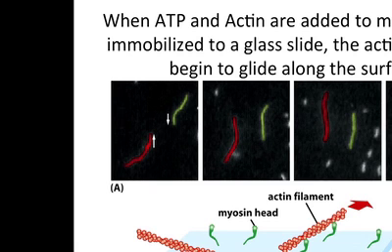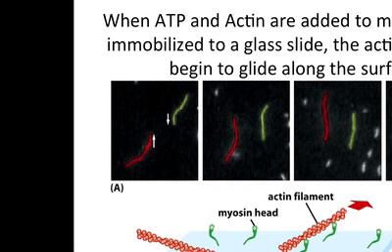Okay, so you can take ATP and actin and add them to myosin heads that are stuck to a glass slide. And those actin filaments will glide along the surface because all you need are those heads and ATP, and those heads are going to kind of start going like this. And so they want to bind to that actin.